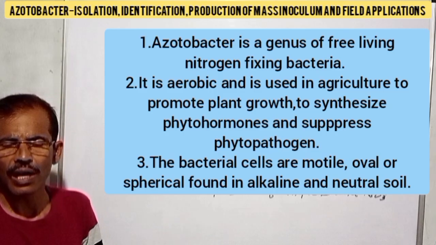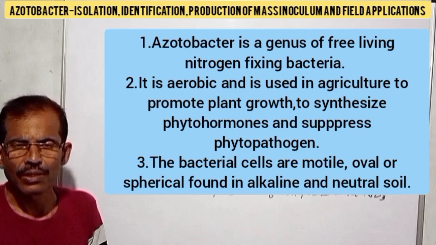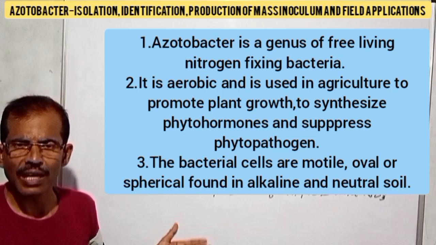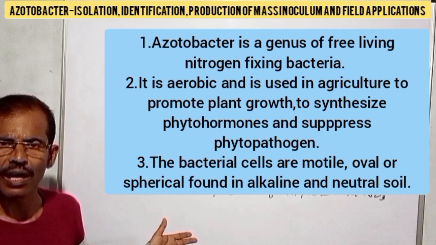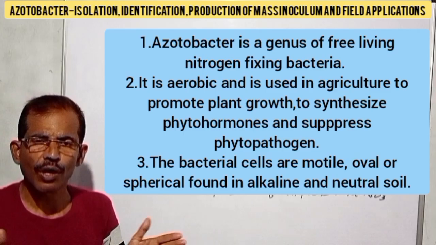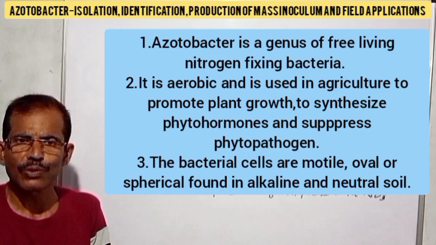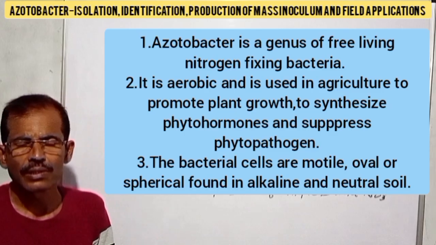As a biofertilizer, azotobacter is applied to the field through seed treatment, soil broadcasting and foliar spray, replacing the chemical fertilizer. Azotobacter is aerobic. It normally fixes molecular nitrogen into ammonia without symbiosis.